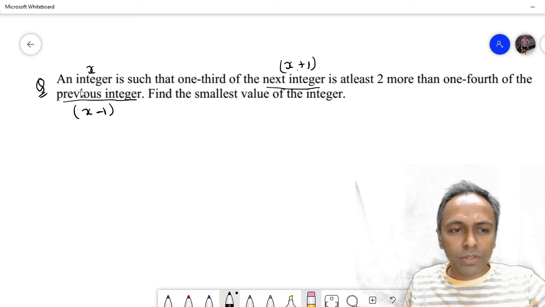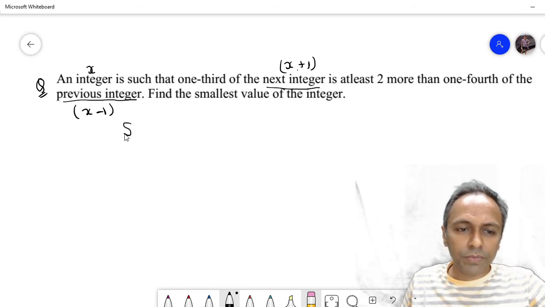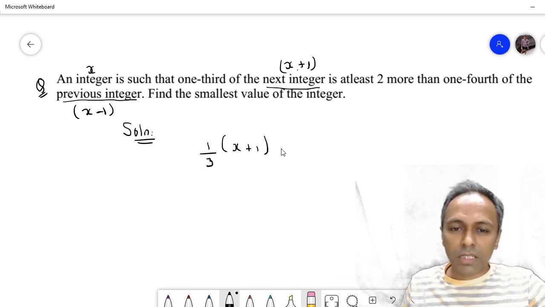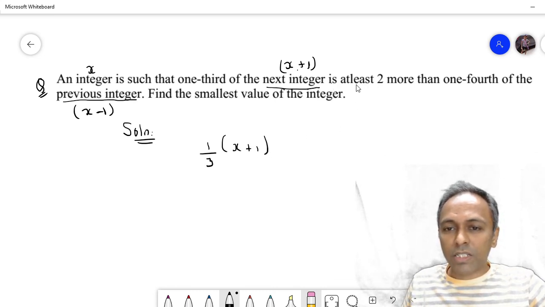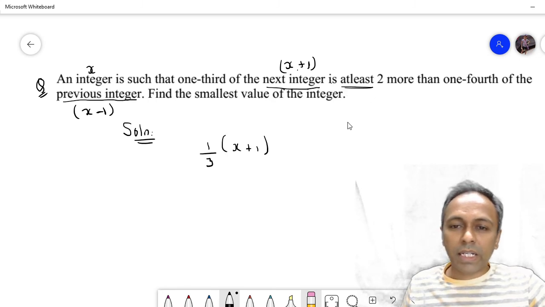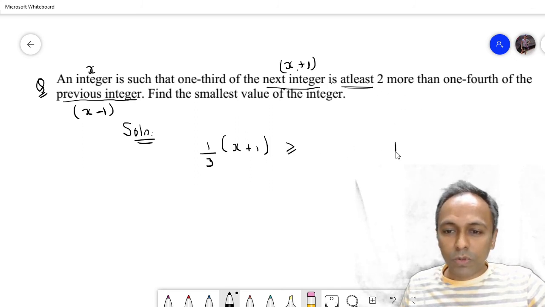Let's reread the question. An integer is such that 1/3 of the next integer is at least 2 more. At least means 2 greater than or equal to 2 more.